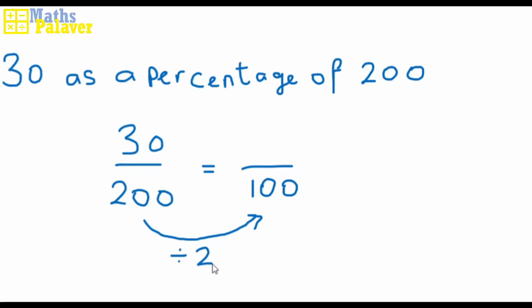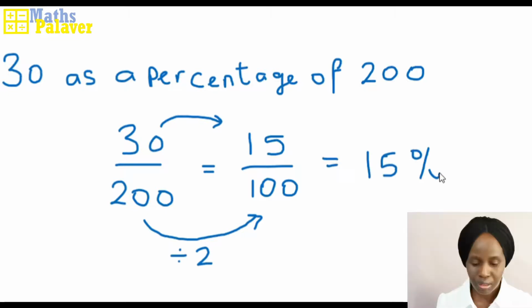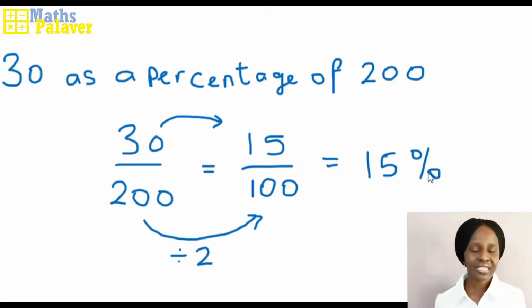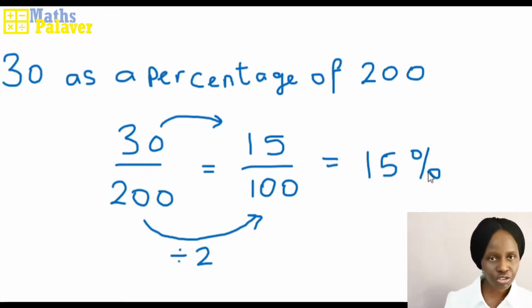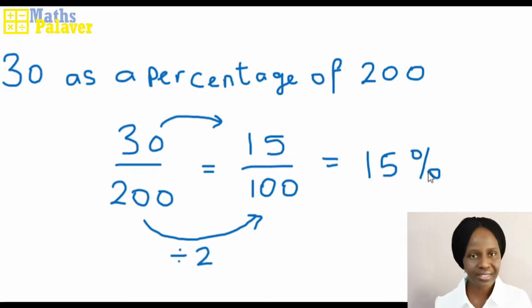So do the same to the top number. 30 divided by 2 gives 15. So 30 out of 200 is 15 over 100, and that gives us 15%. Remember that a percent is how many parts out of 100. So 15 out of 100 is 15%.